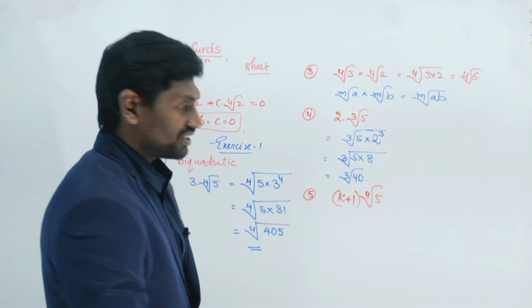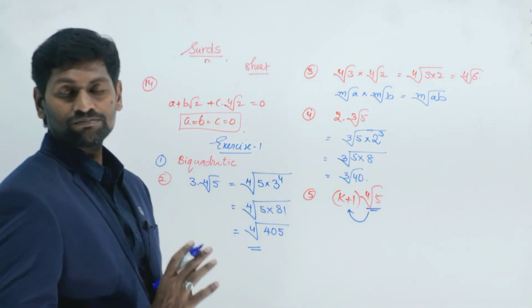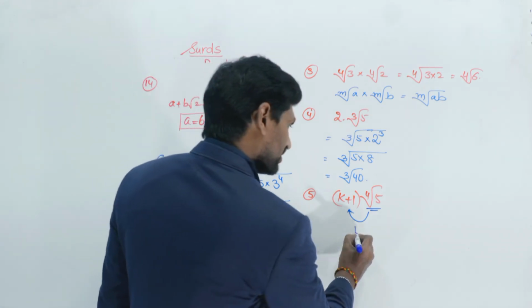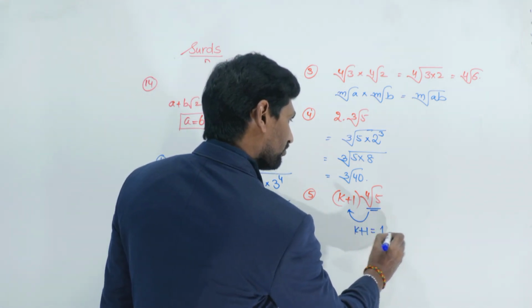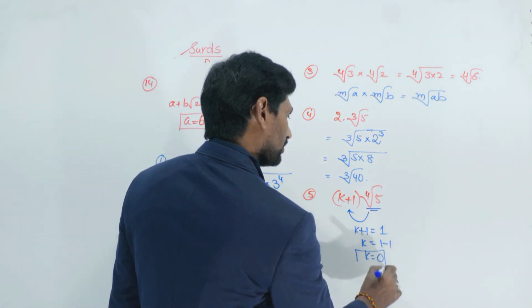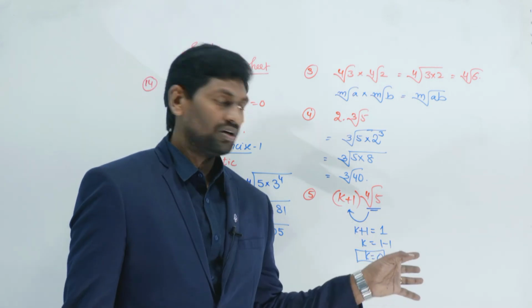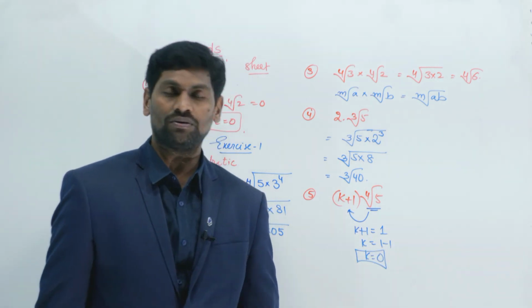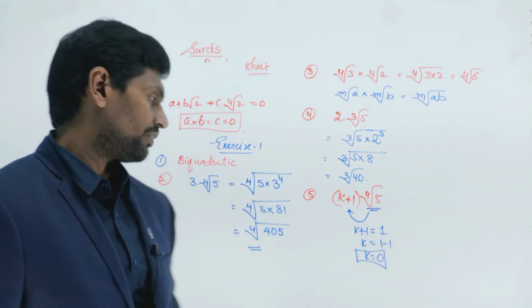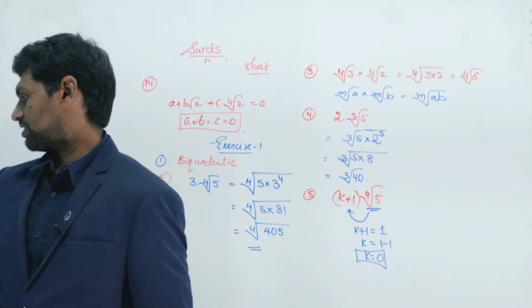Entire form means the coefficient of the surd must be 1. That means the k plus 1 value must be 1. Then the k value is 0. Then only it can be the entire form. That's simple, entire form of a number. Please note that.